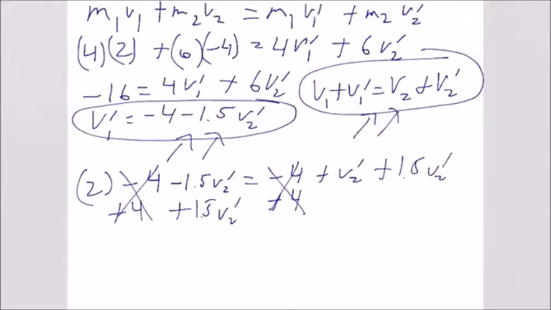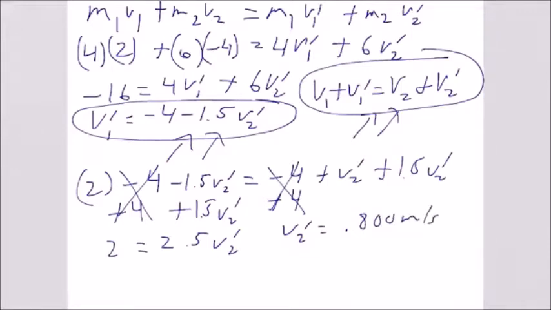So that ends up giving us 2 is equal to 2.5 v2 prime. We want to solve for v2 prime. And we end up getting 0.8. So v2 prime equals 0.8 meters per second.